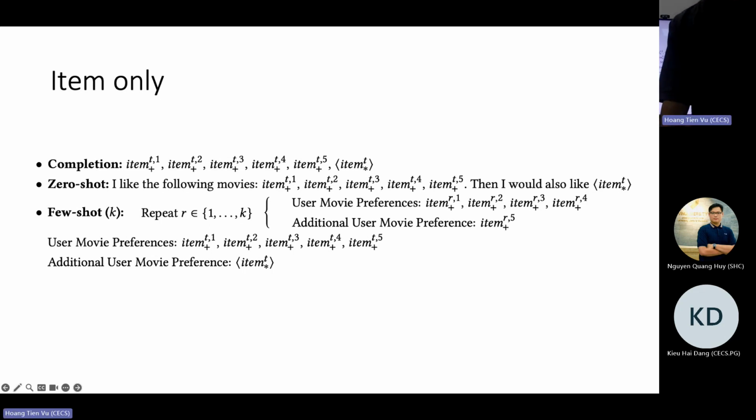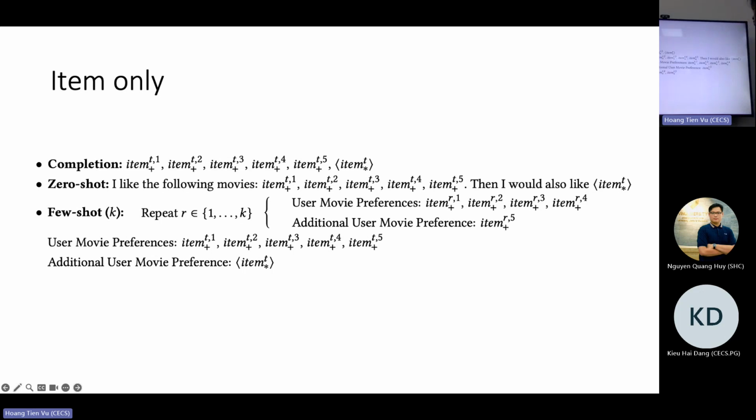Sorry, what do you say? I mean both zero shot and few shot have some direction about what we should find. For example, like "the following", or maybe "I would like", and we also have some direction in the few shot, like preference or additional preference for the next item. So what is the difference between the zero shot and few shot?